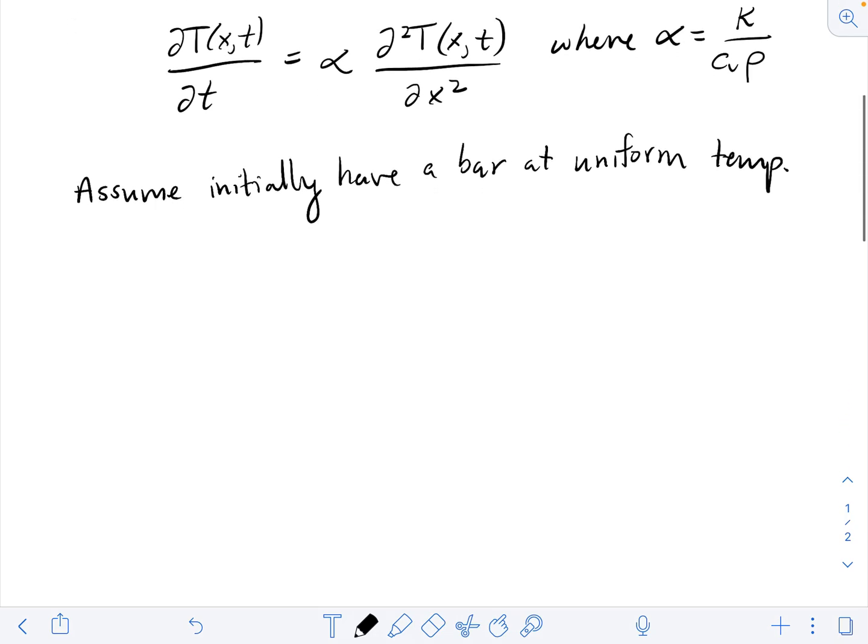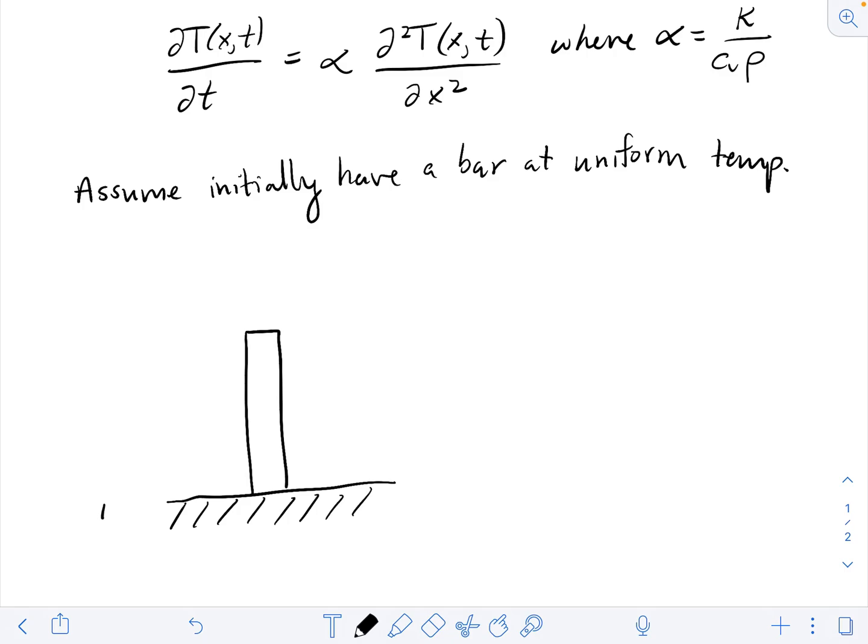So what we'll do is we'll anchor one end of the bar to a thermal reservoir, and we'll make that thermal reservoir a temperature T0. And so that T0 of the reservoir is never going to change temperature. We'll say this end of the bar is at a position x equals L, and this end is at x equals 0. So the bar has a total length L. Okay, so initially we have just T0 everywhere.